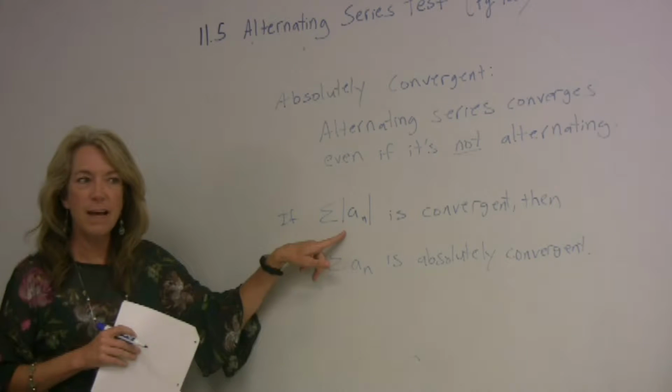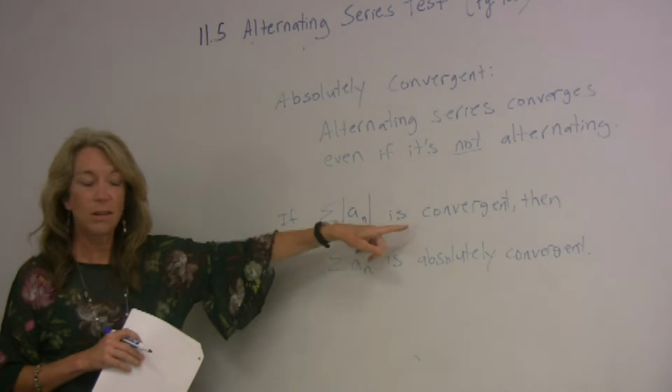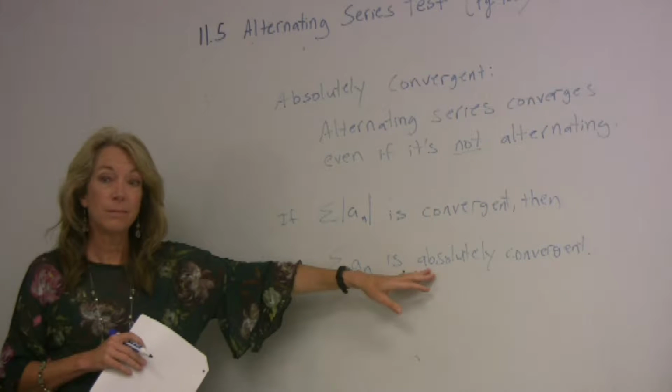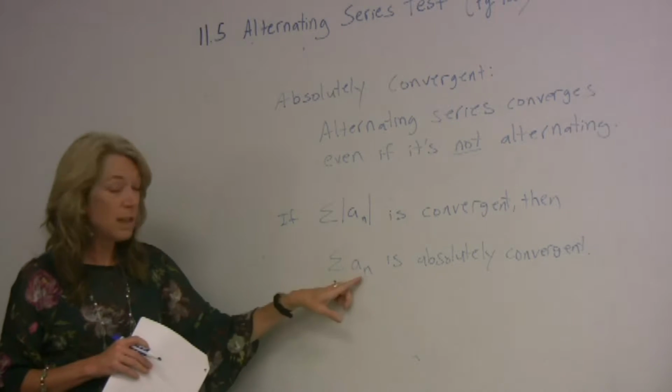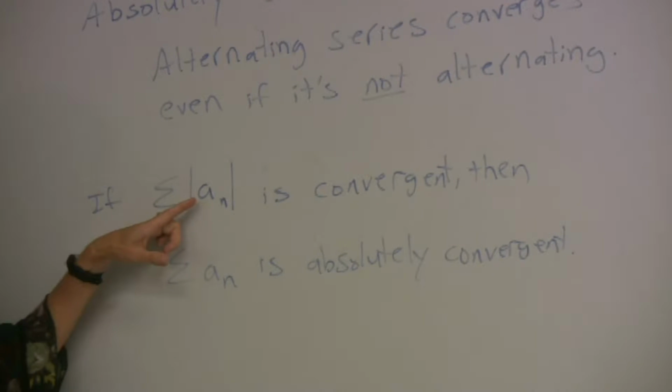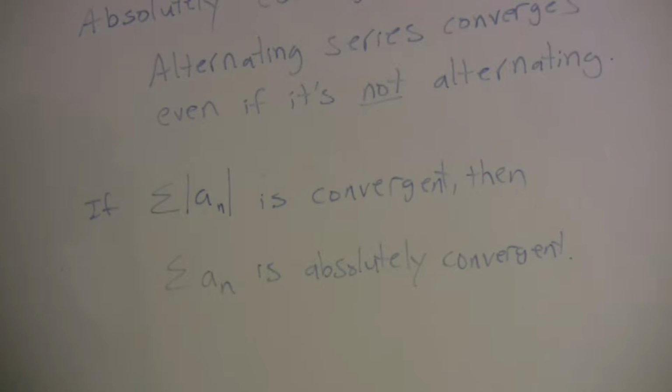If you take absolute values and it still converges, then the original series is called absolutely convergent. That's what I mean by, this one was probably alternating. This is now all positive, so even if it's not alternating, that converges. Similar notation.